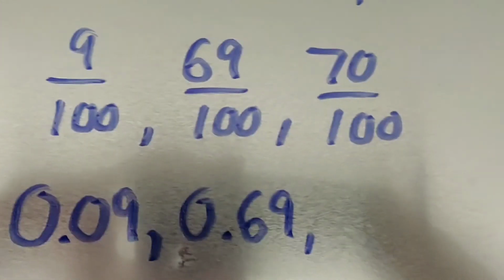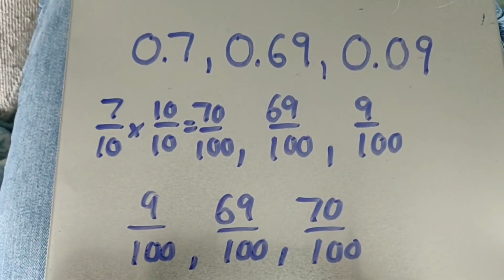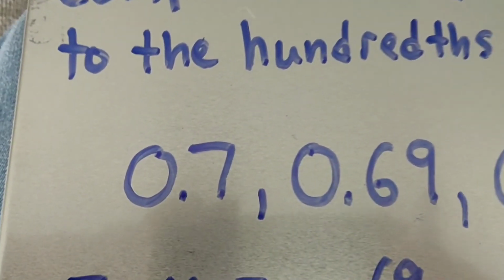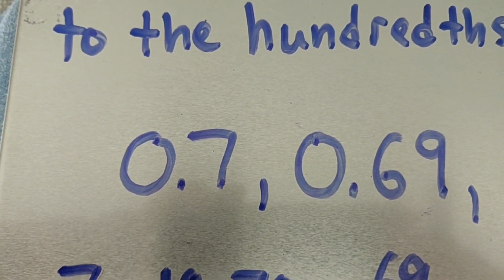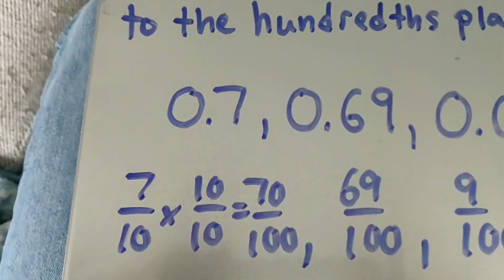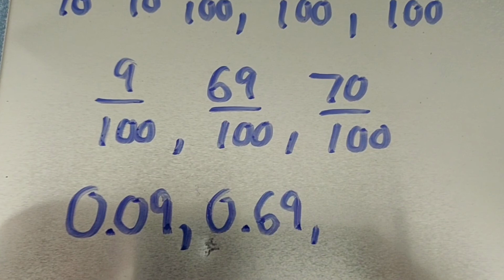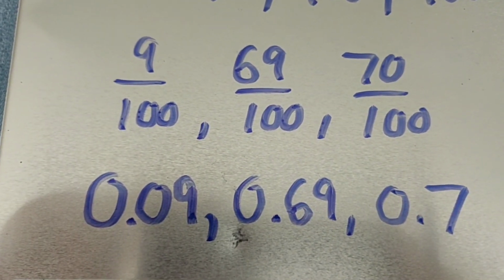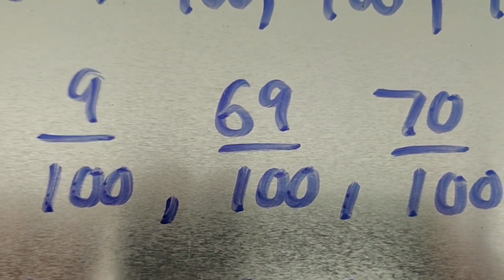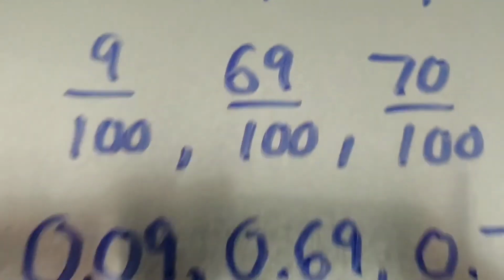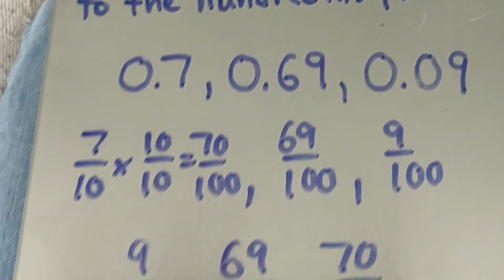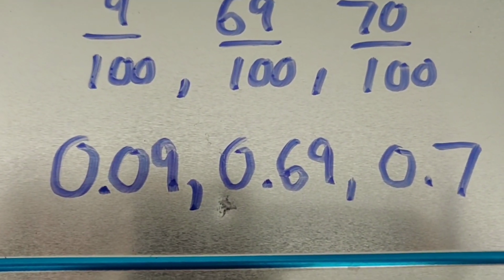And which decimal showed 70 hundredths? Well, that was 0.7, 7 tenths, which was equivalent to 70 hundredths. So now we have the fraction equivalents in order from least to greatest, and we've put our original decimals in order from least to greatest.